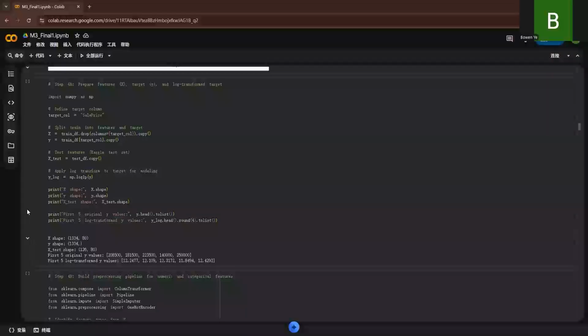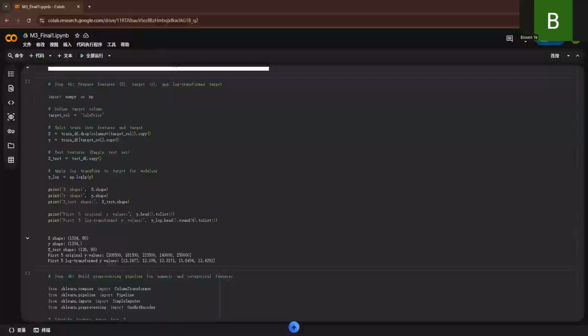And the transformation allows the model to learn proportional difference instead of absolute price difference. Later in the notebook, predictions are converted back using exponential transformation so that the RMSE can still be evaluated on the original price scale.